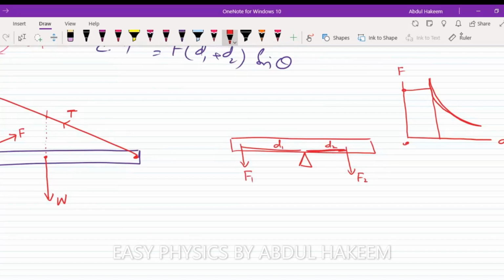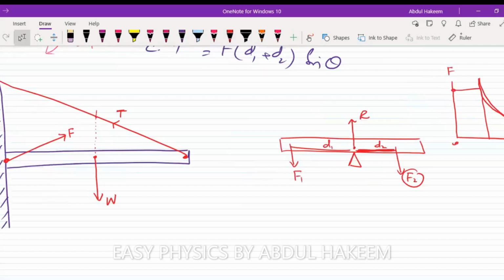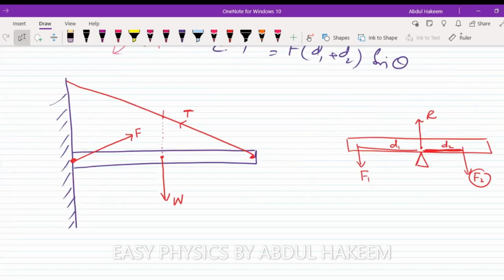If D2 distance is smaller than D1, definitely this F2 is greater than this. In this case, the third force acting is upward, which is the reaction. We will ignore the turning effect of R because it is exerted at the pivot. It has no turning effect. But do remember, these forces are not meeting here because they are parallel. So in this situation, we will write sum of upward forces is equal to sum of downward forces. But here, when the forces are non-parallel, they must meet at a single point to produce the resultant torque.